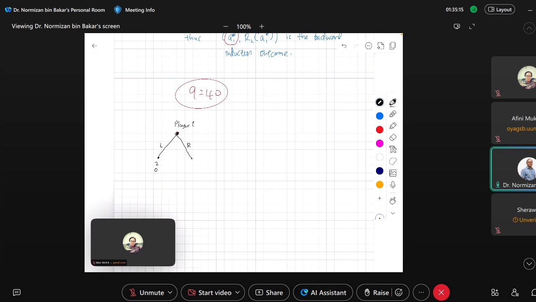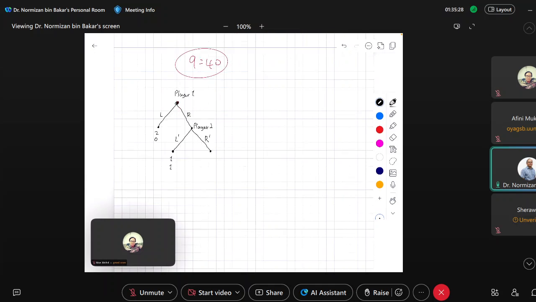If L prime, the payoff is 1, 1: 1 for player 1, 1 for player 2. If R prime, then player 1 moves again at the third stage, with L double prime and R double prime strategies.